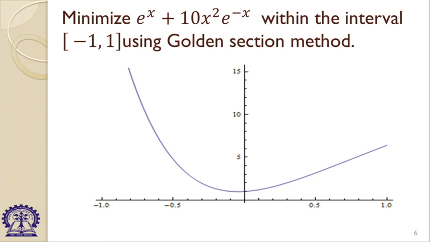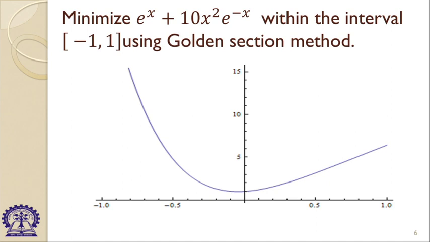If we look at the functional description, the function is very complicated in nature, because there is involvement of the exponential functions e to the power x, e to the power minus x, and if we want to apply classical optimization techniques, maybe it is a little bit difficult to get the values very easily, but we know that the function is unimodal within minus 1 and 1.